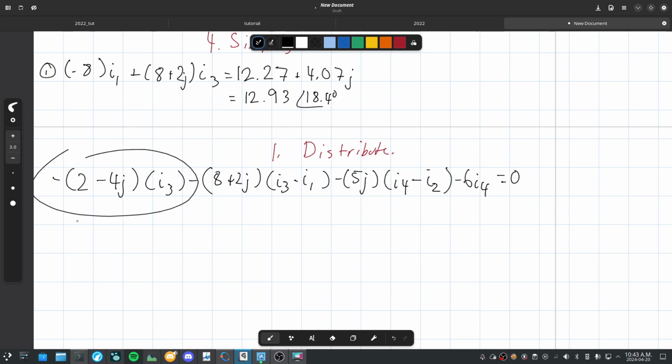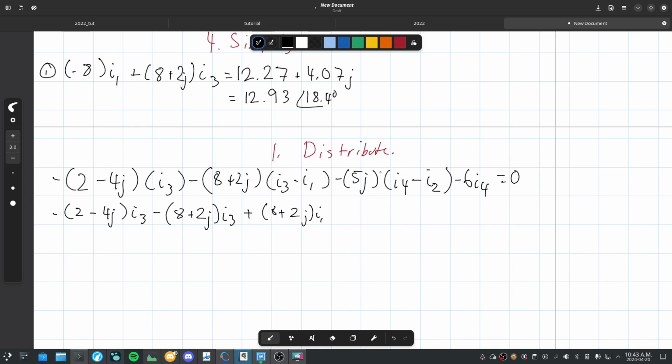So this is already distributed, so we can just copy that over. Let's distribute this out. So you're going to get 8 plus 2j I3 plus 8 plus 2j I1. Let's distribute this out. So you're going to get negative 5j I4 plus 5j I2 minus 6 I4 is equal to 0.